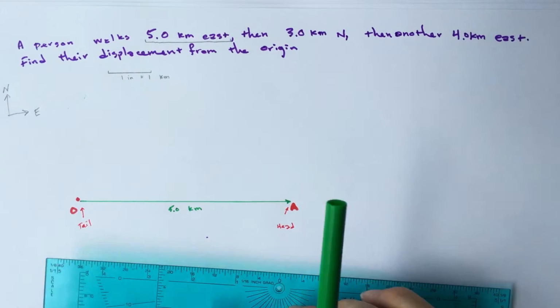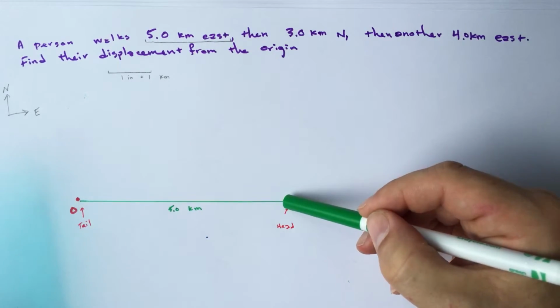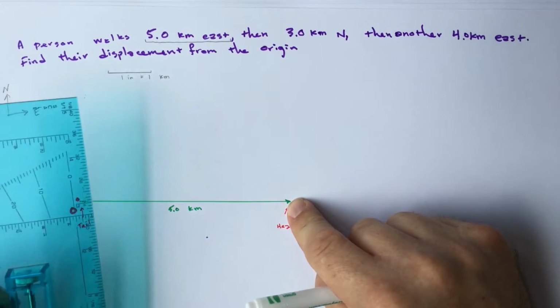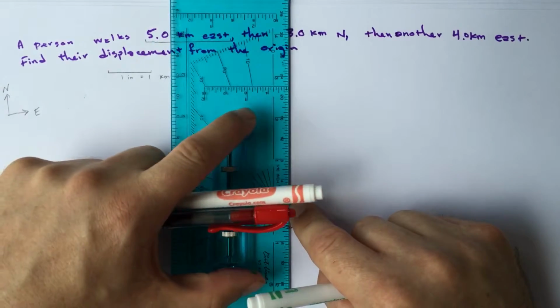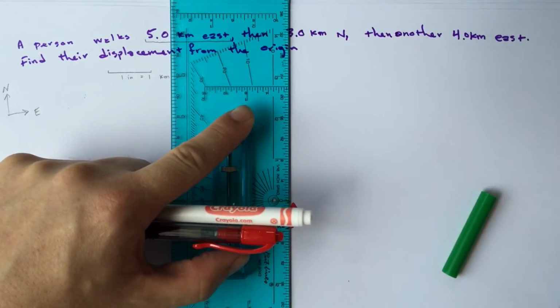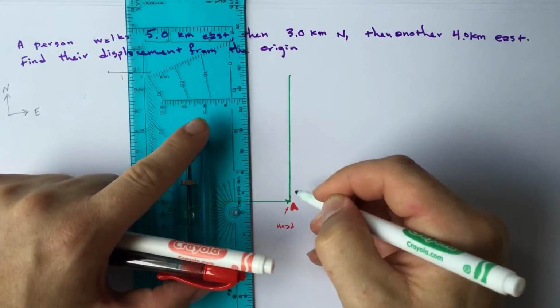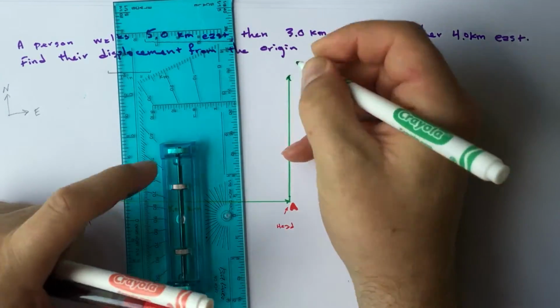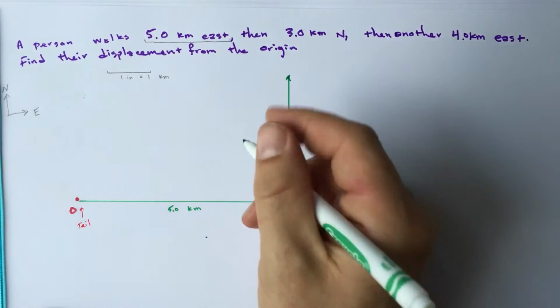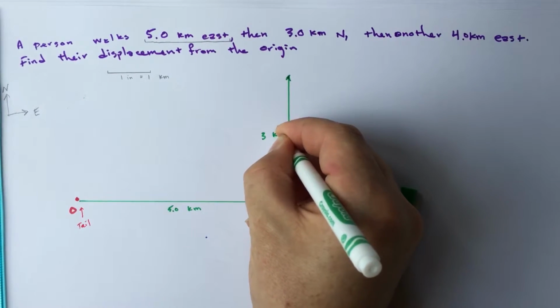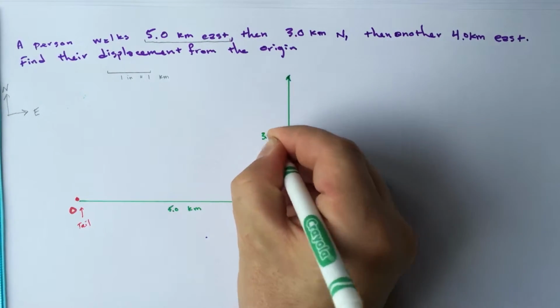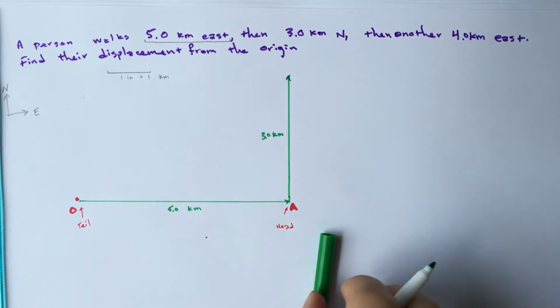Next, we need a vector that's 3 kilometers long, headed north. We are at this point here. We draw from the head of our first vector: we put the tail of our second vector at that point and draw a vector representing 3 kilometers there. So this is 3 kilometers. I guess we'll keep our significant figures from the problem.